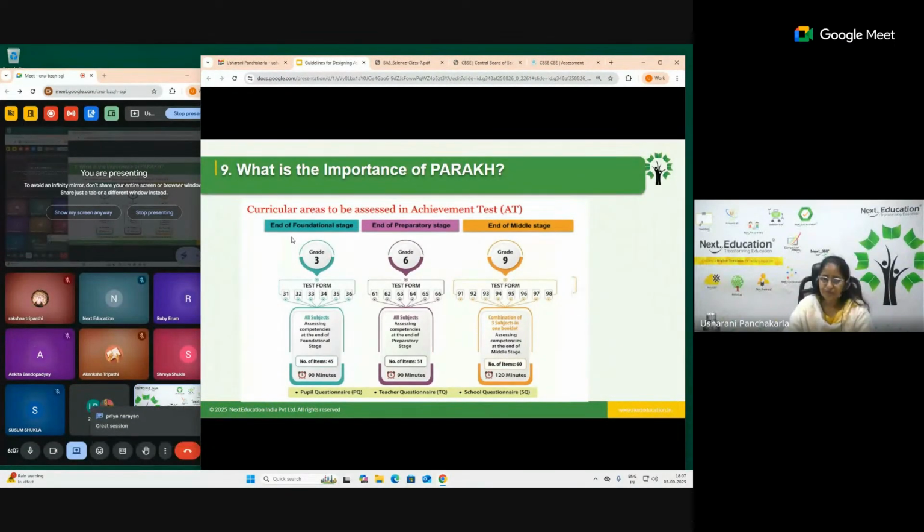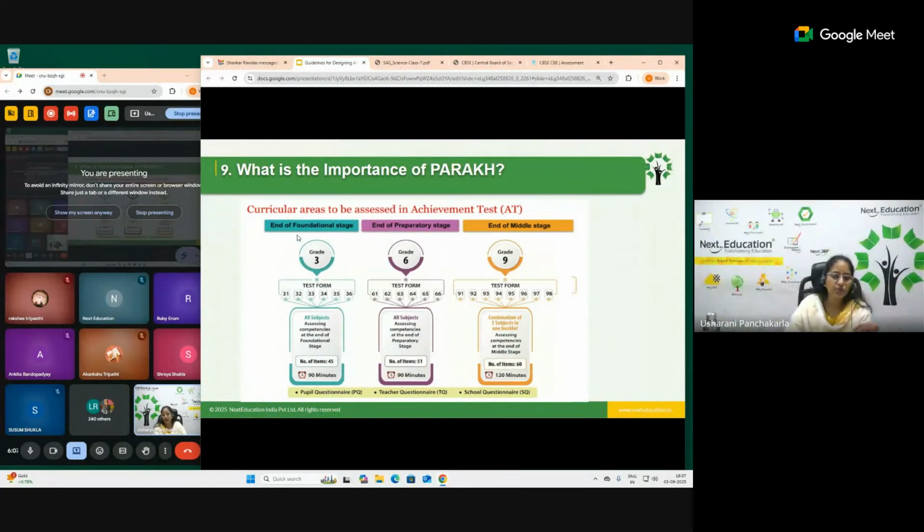As I said, there are different coordinators: regional level coordinators, state level coordinators, district level coordinators, then observers, who are the principals of the respective schools, and then field investigators, who are volunteers taken from ex-employees, retired teachers, or even students of 12th grade or graduation.